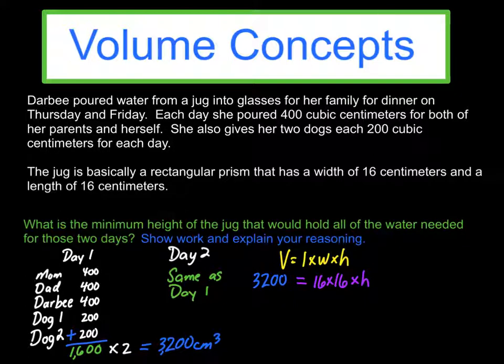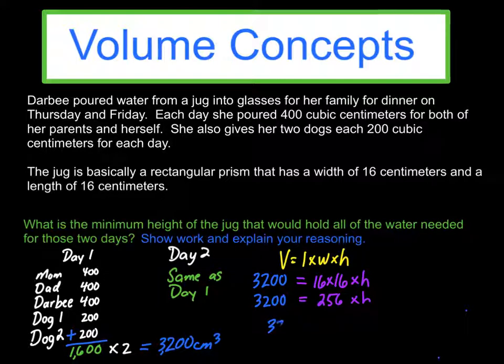So now we need to do some work here to figure out what our height is. 16 times 16 is 256 times our h equals 3,200. Then we need to figure out how many 256s go into 3,200, or we can simply divide.